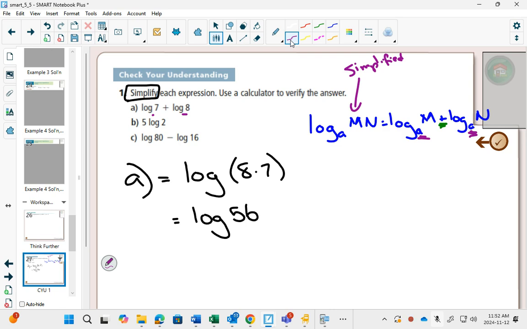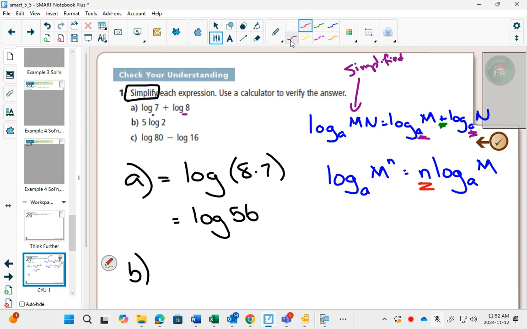Part B. Is there a log law with a number in front? Yes. You have the following log law that says log base a of m to the n is equal to n log base a of m. So here is where we have a number in front.